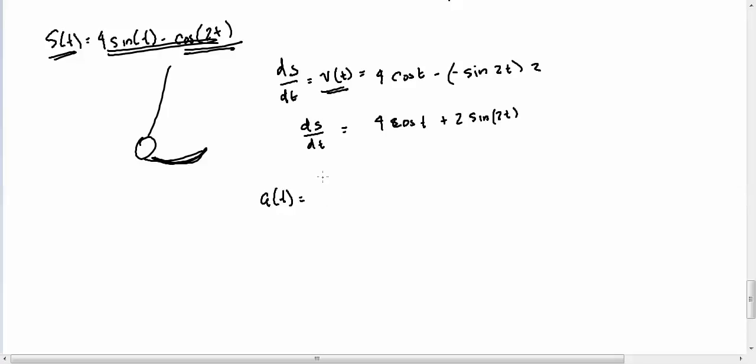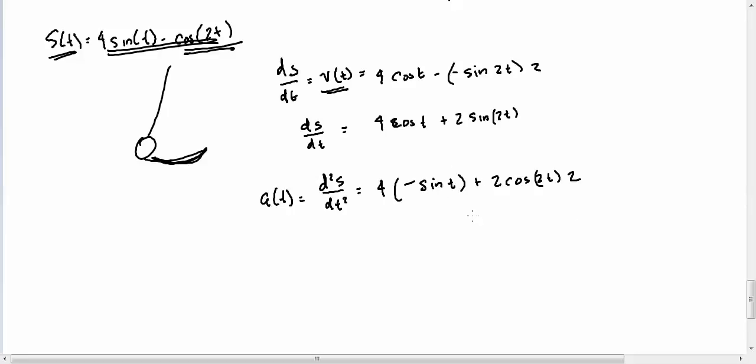Again, the second derivative is d squared s over dt squared. That's just how you write the second derivative. And we're taking the derivative of this. So this would be 4 times negative sine of t plus 2 times the cosine of 2t times 2 again.